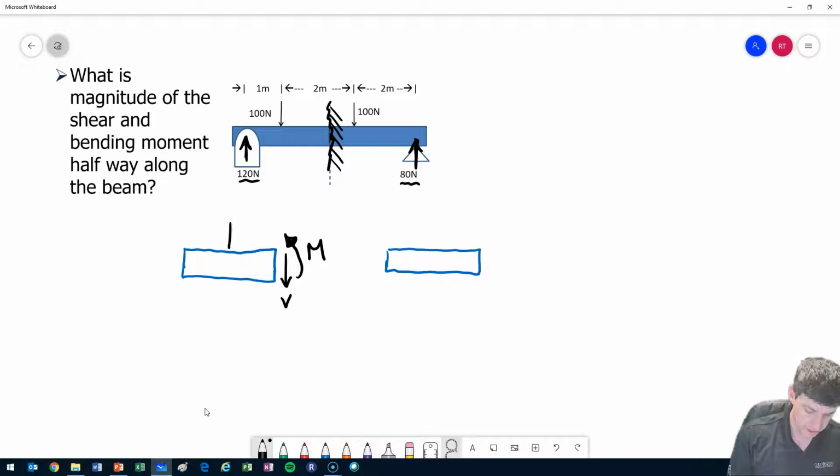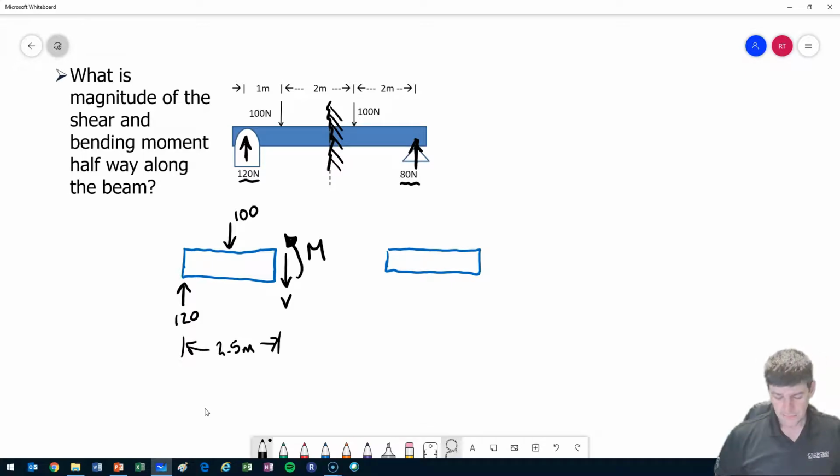So I have 100 that's pushing down, and I have 120 that's pushing up. And I guess if this whole thing, the whole beam looks to be 5 meters, so the entire left-hand side would be half, 2.5.